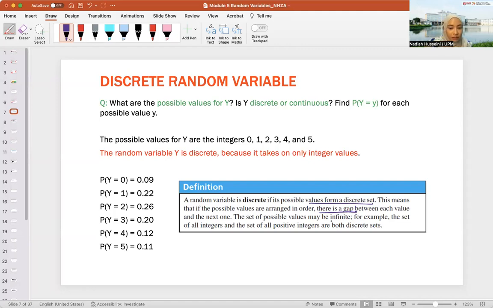The set of possible values may be infinite, it can be very big. For example, the set of all integers and the set of all positive integers are both discrete sets, even though we're talking about the interval from minus infinity to infinity. If we specify that the numbers should only be integers, that set is still discrete, even though the number reaches up to infinity.